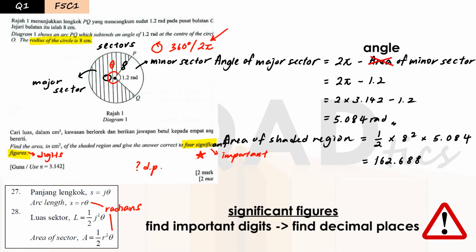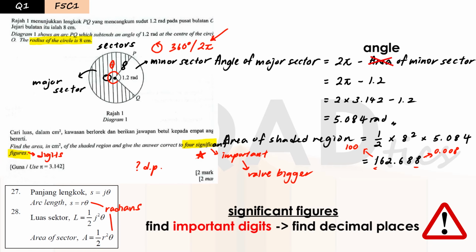Now we will ask, how do you define important? Important here means the value of that digit is bigger. If we compare 1 and 8 here, which is bigger? The 1 here represents 100, and the last digit here represents 0.008.